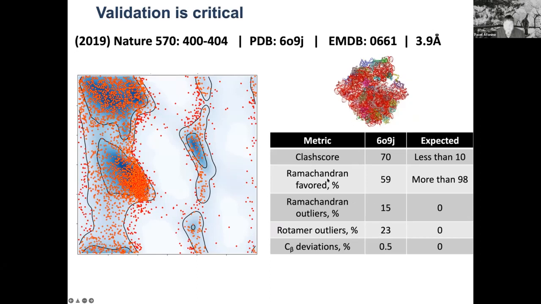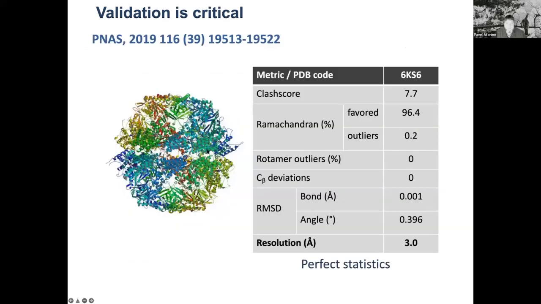So everybody sees that's pretty bad. That basically means somehow the validation stage was skipped for this particular example. So that's why it's critical; you don't want to have something like this.